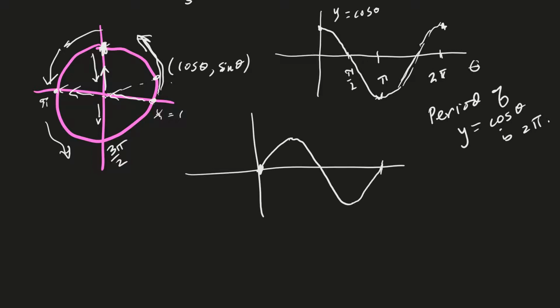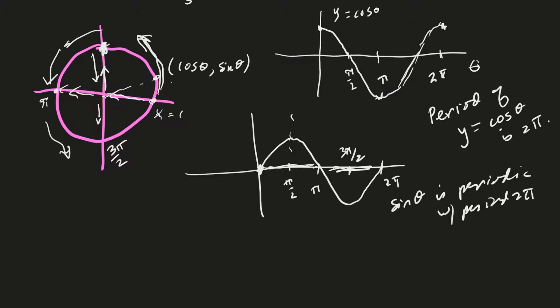And then it comes back up at 2 pi, so this is pi. And this is a very symmetric graph, by the way. There's a symmetry here between these, so you can assume that. Good. And so the sine of theta is periodic as well. Period 2 pi.